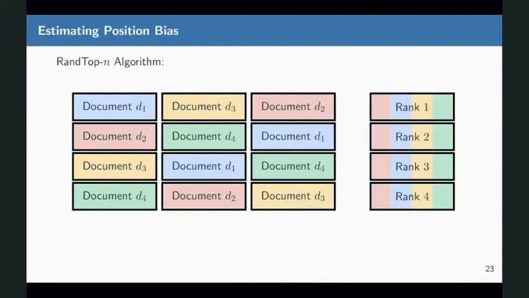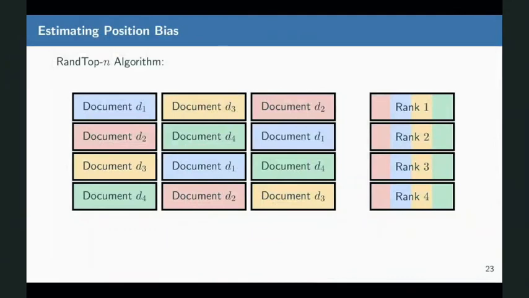So relevance has no effect on the click-through rate here because the average relevancy per rank is the same because it's completely shuffled. So differences in click-through rate are only going to be caused by the rank, the position bias. So this is a really effective way of estimating position bias very quickly.